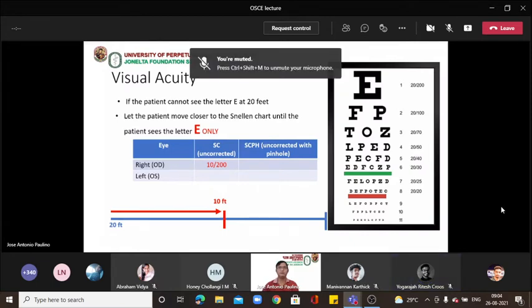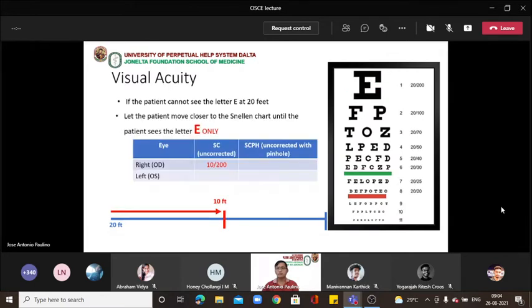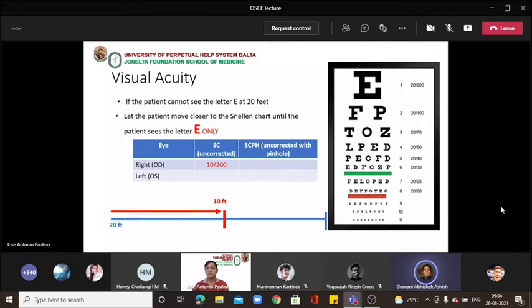Doctor, suppose a patient is able to read the seventh line, but he misses one or two letters, like instead of E, he says F. What do we do about that? Then it becomes 20 over 25 minus 2.